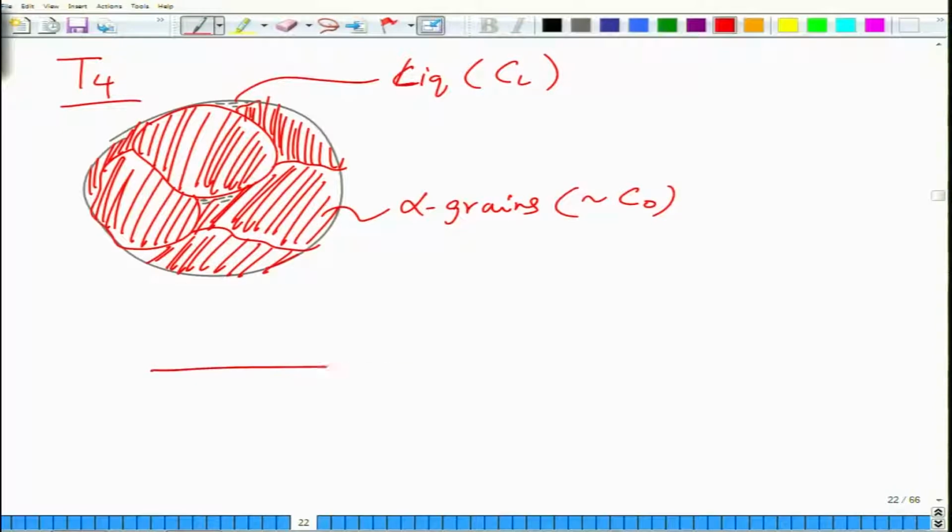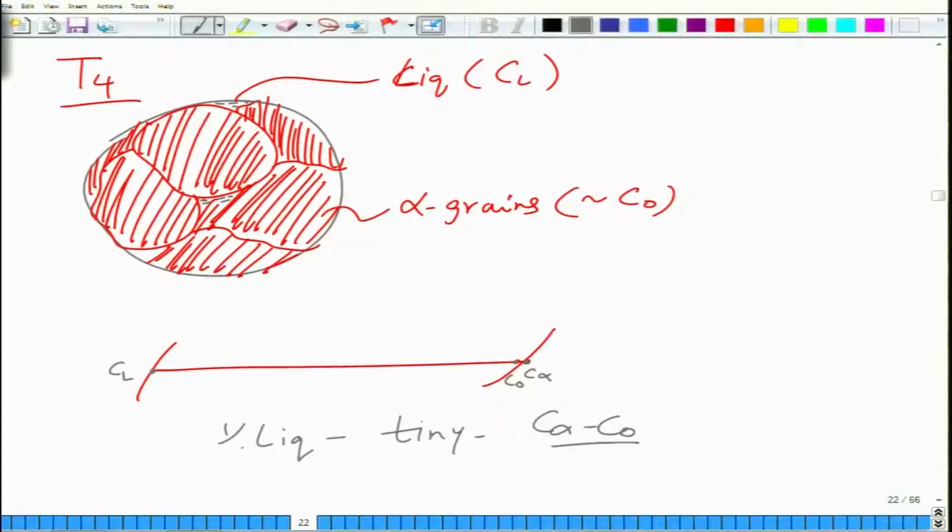So, if you look at the phase boundary now, this is your solidus, this is your liquidus, you are here at T4. So, this is your overall composition C naught, this is your C alpha and this is your CL. So, percentage liquid will be tiny, because it is C alpha minus C naught divided by C alpha minus CL, which is very tiny. So, what you are left with is basically nearly 100% solid with a very tiny amount of liquid present.